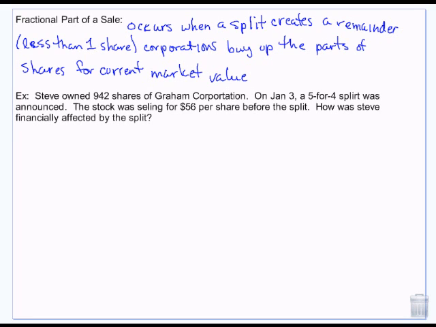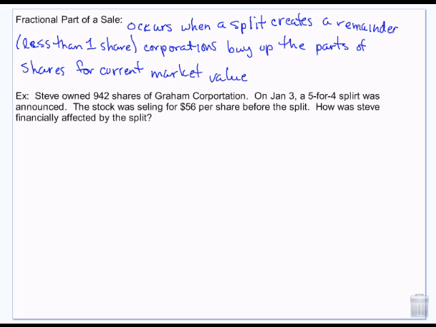But you can't have half a share of stock, or a quarter of a share. You can only have whole shares. So when that happens, the corporation buys the fractional parts at the current market value. If the current market value was $10 and I have half a share, they're going to give me $5 and buy that half share off of me.